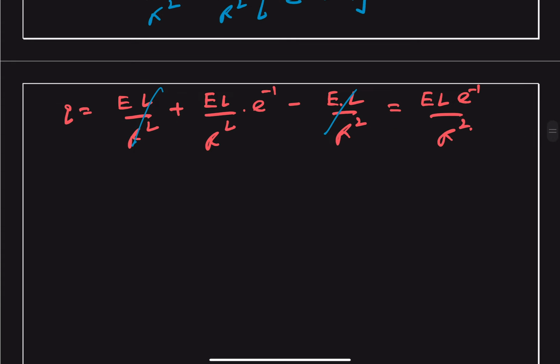So we can just modify it. We get Q is equal to EL upon e times R square, and we know the value of the exponential function e is close to 2.7. So this gives us the total charge Q will be EL upon 2.7 R square.